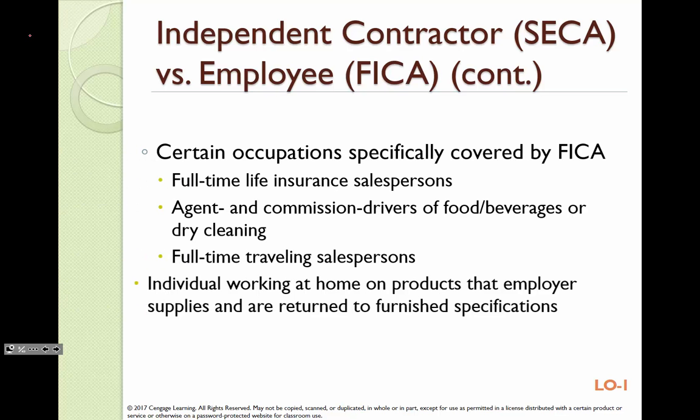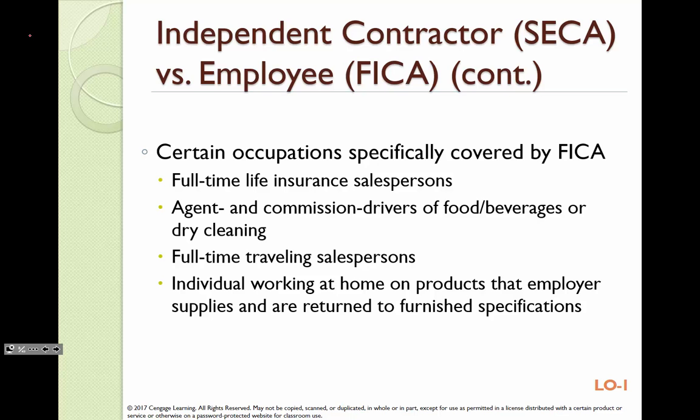Now, when you see stuff like this, do you know what this word means? Anyone know? If I say statutorily, it's according to law, statute, right? Statutorily, these occupations are covered by FICA.